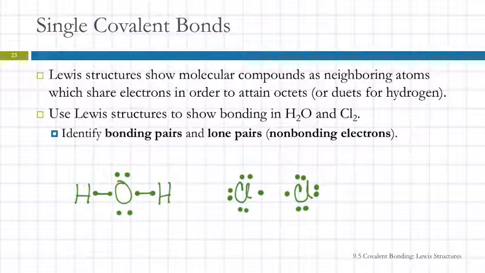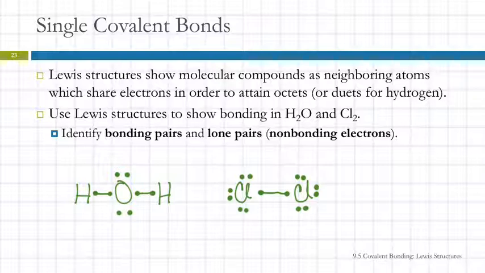So each chlorine atom is trying to do something to get 8 electrons. Now if it was with sodium, sodium's willing to give up an electron, and we'd have ions and an ionic bond. We've got 2 chlorine atoms, neither one is willing to give up an electron. So we have to have sharing. So each chlorine atom is going to share 1 electron with the other chlorine atom.